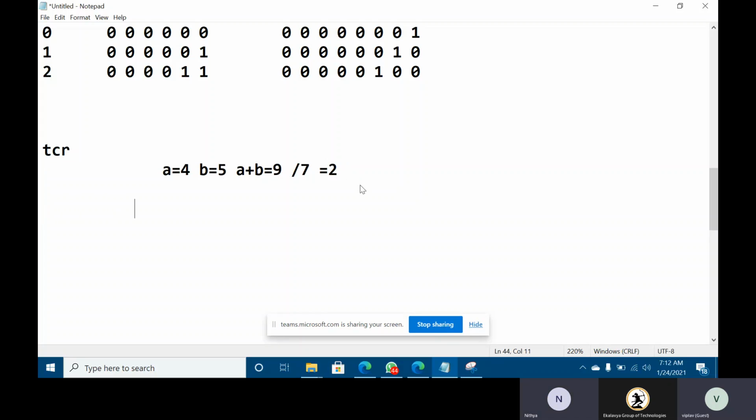A is represented like this: 4 ones, that is 1, 1, 1, 1. That's it. Now B equals 5, so how many ones are there? 5 ones: 1, 1, 1, 1, 1.